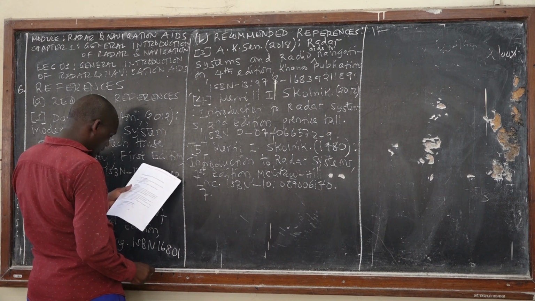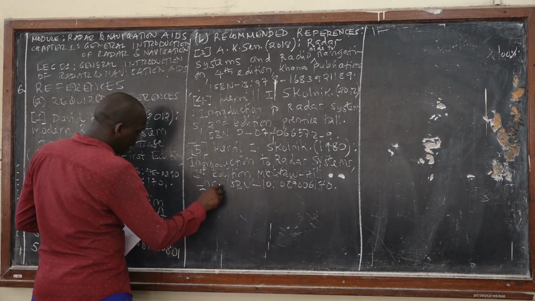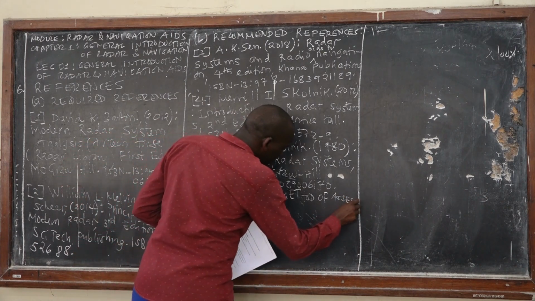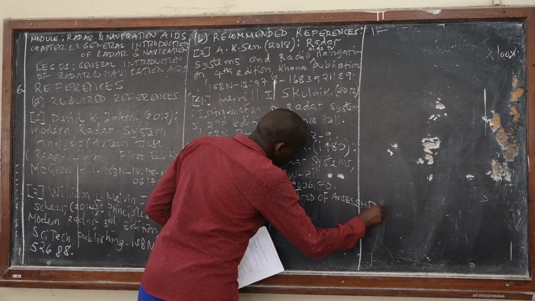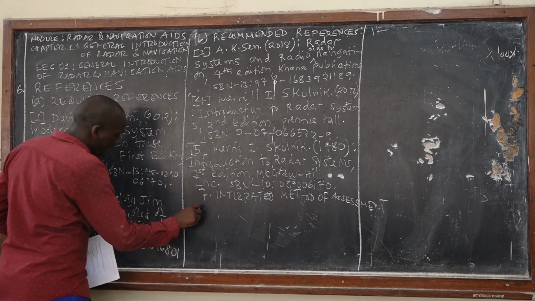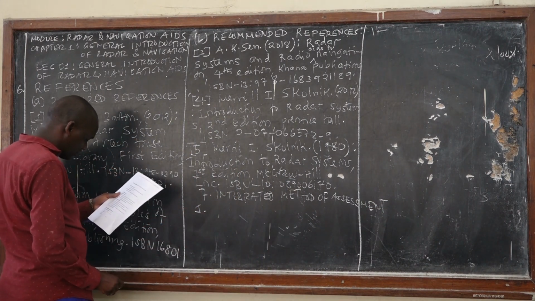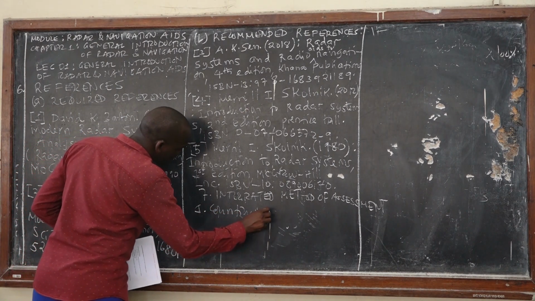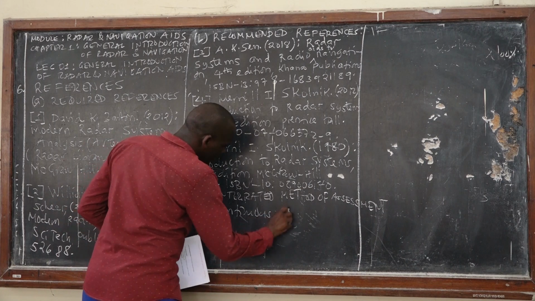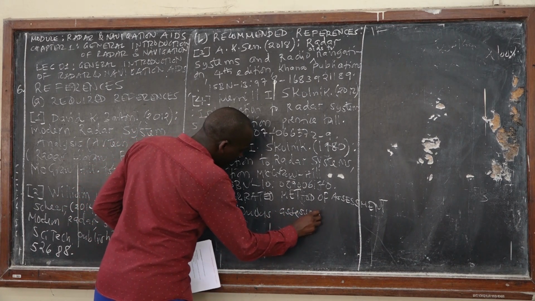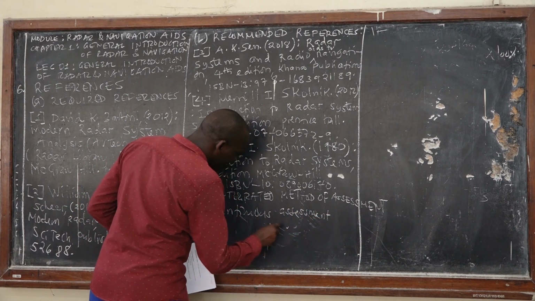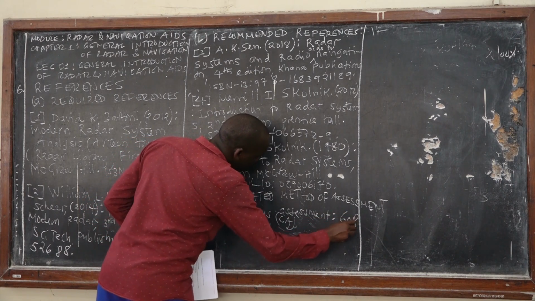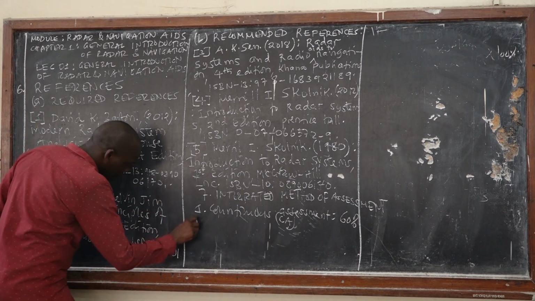Then lastly, let me finish by assessing this module. How will you assess this module? This module actually has two ways of assessment. The first one, continuous assessment. In short, CA. The CA for this module is 60%. How am I going to test you?